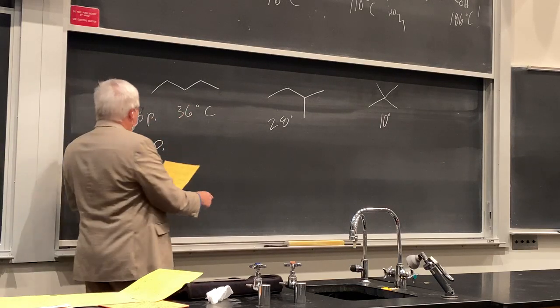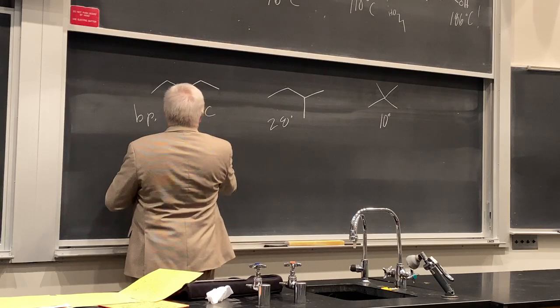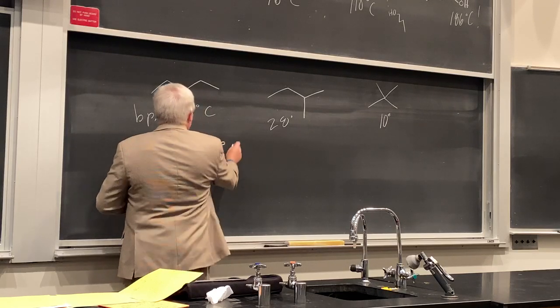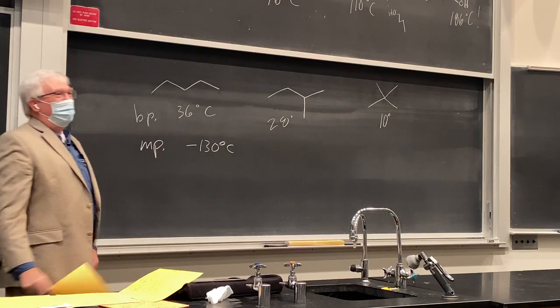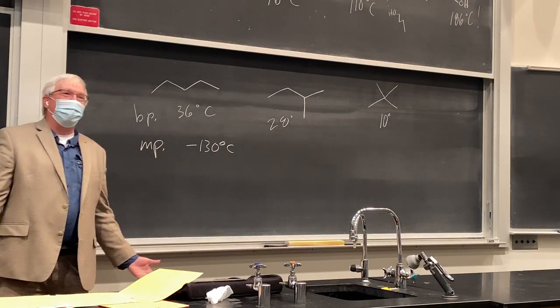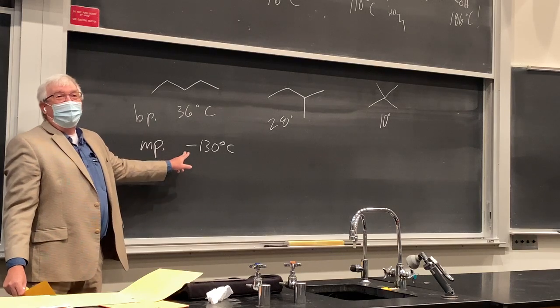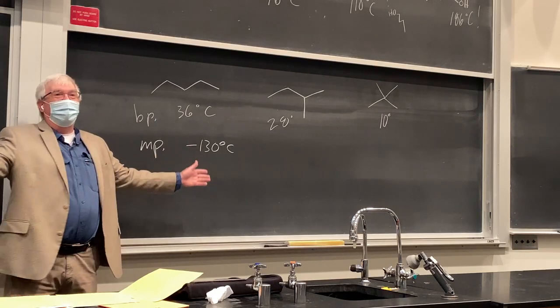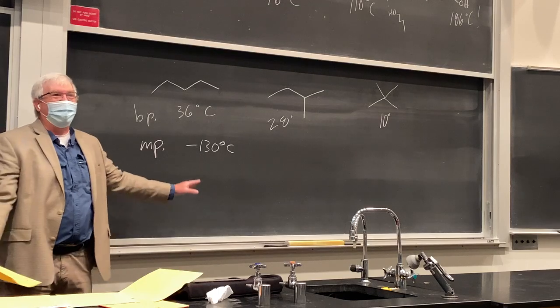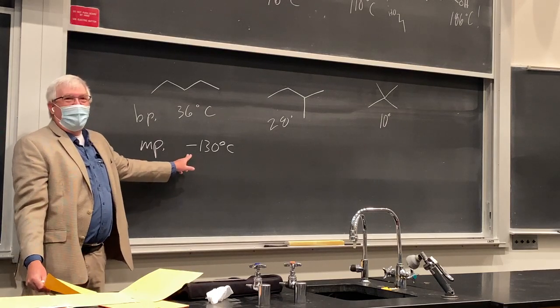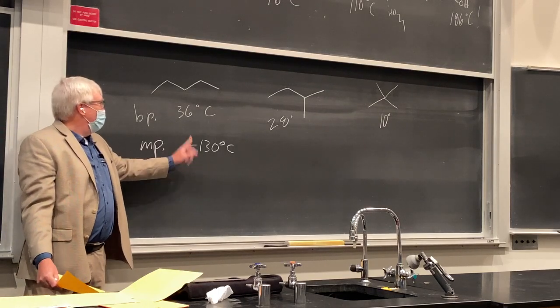So let's see the melting points here. I think I've got them, minus 130 degrees. See, so that's pretty low, right? Those are weak intermolecular forces. Compare that to an ionic salt, sodium chloride, where the melting point is like 1200 degrees. Okay. So very different properties here with this molecule. Minus 130.